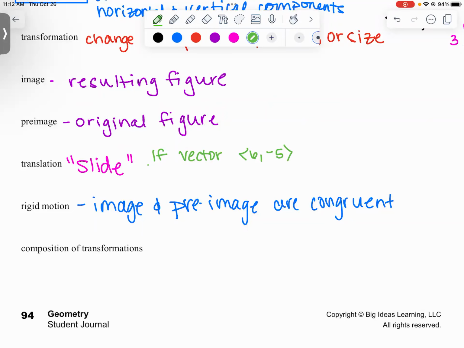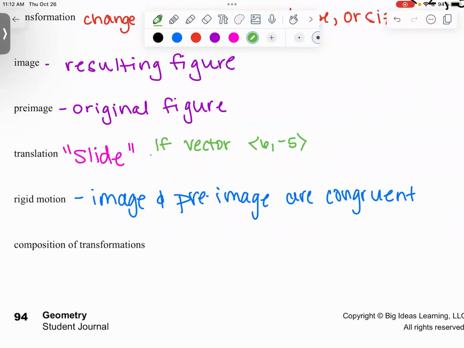If we're using the vector 6, -5, then what that means in terms of the translation, you could see it written like this: X comma Y with an arrow. Okay. What does the vector 6, -5 mean?